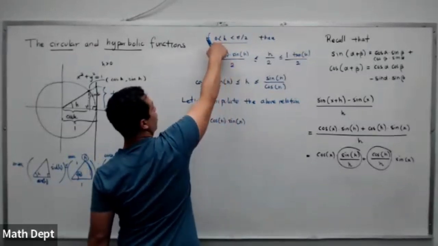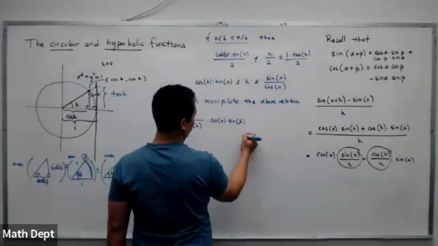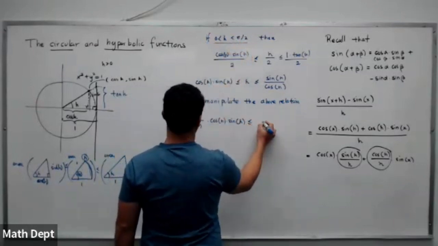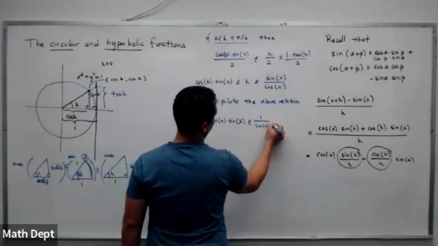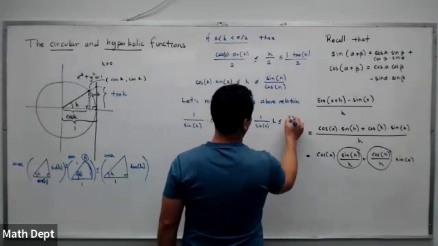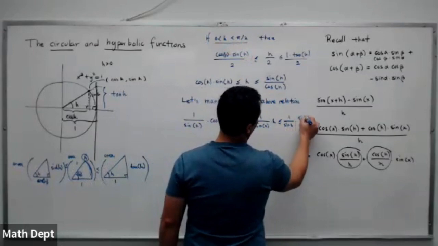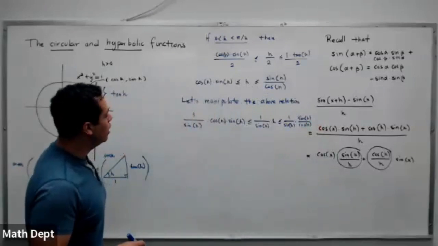And it's important that we don't touch 0 and we don't touch pi over 2. It should be less than or equal to 1 over sine of H, which in turn will be less than or equal to 1 over sine of H times sine of H divided by cosine of H.